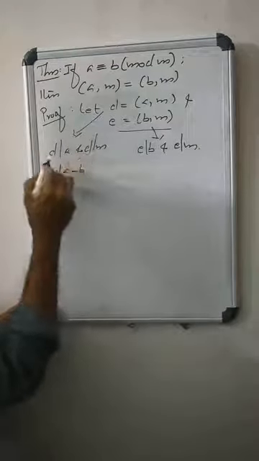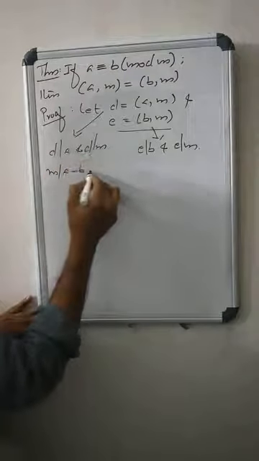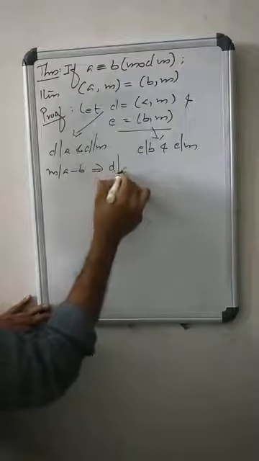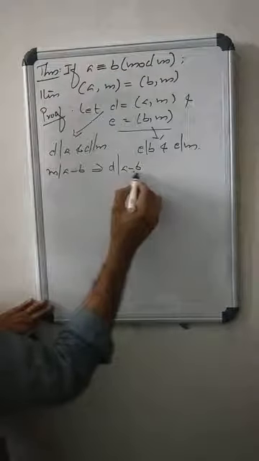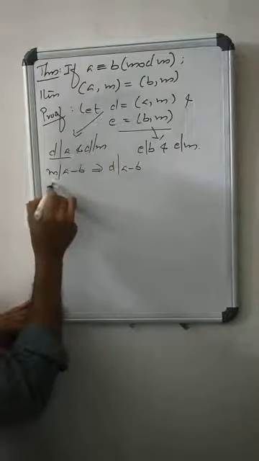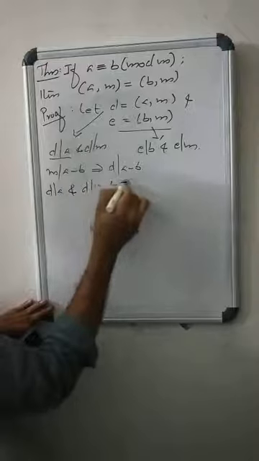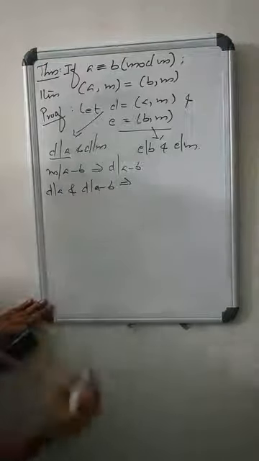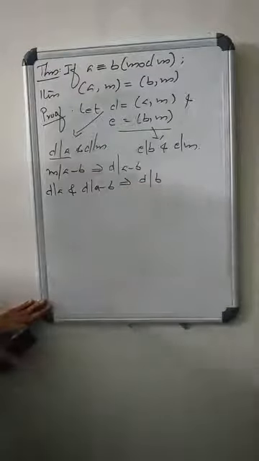But what is D? M divides A minus B, D divides A, and D divides M, that implies D divides A minus B. D divides A and D divides A minus B, so D divides A minus of A minus B, that means D divides B. Agree?